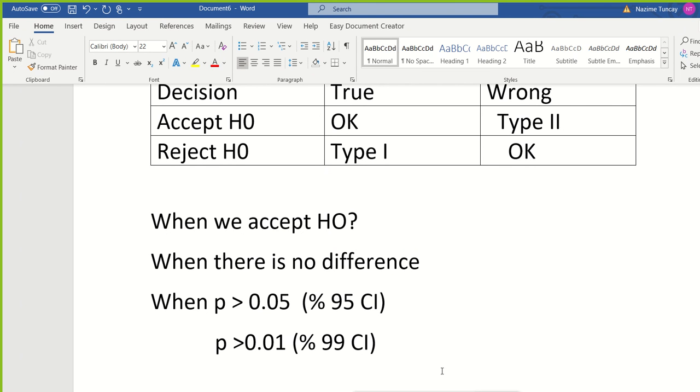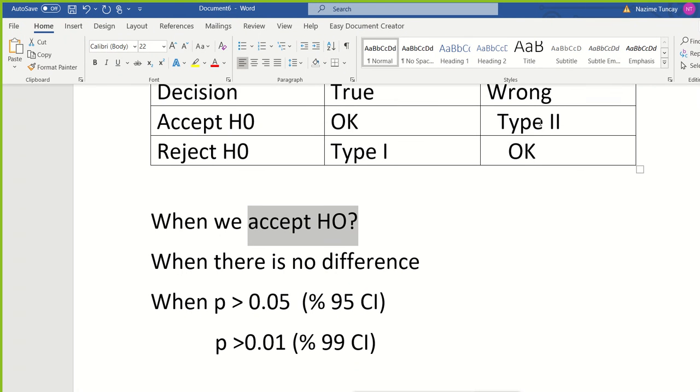So when this is the case, we say there is no difference and we accept H0. But if the research paper says P is bigger than 0.01 and we reject H0, then this means that there is a mistake.